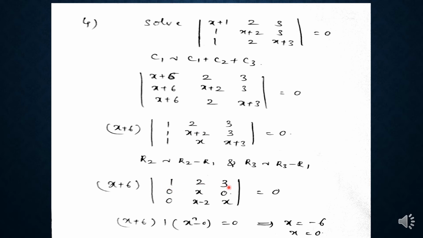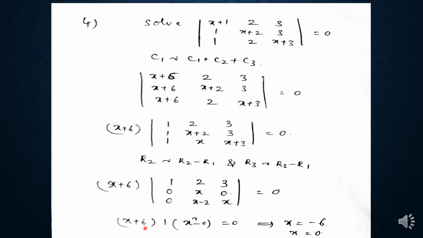Now R2 minus R1 means 1 minus 1 is 0, x plus 2 minus 2 is x, 3 minus 3 is 0, and here 1 minus 1 is 0, 2 minus 2 is 0, x plus 3 minus 3 is x, that is equal to 0. So that is (x plus 6) into, by expanding this determinant by the first column, 1 into x into x square minus 0 into x minus 2 is 0. So that is equal to 0.